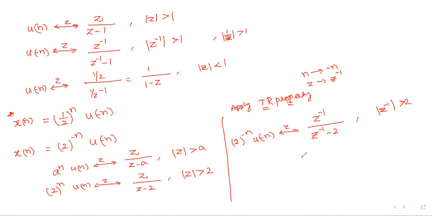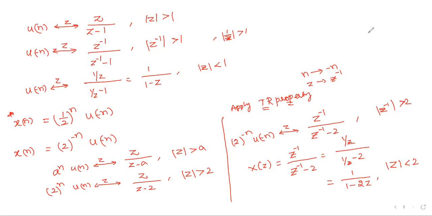Now if we simplify this, X of z is z power minus 1 by z power minus 1 minus 2, which will become 1 by z divided by 1 by z minus 2. So you will get 1 divided by 1 minus 2z, where mod z is less than 2.